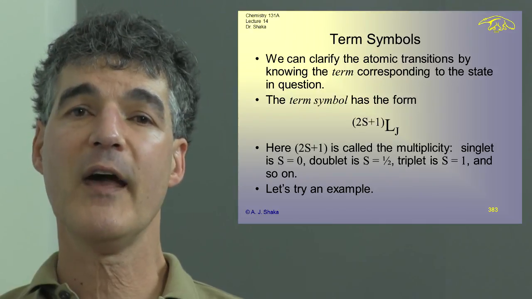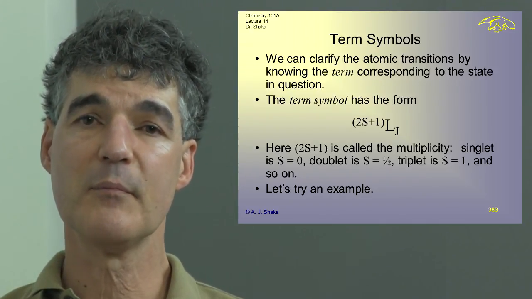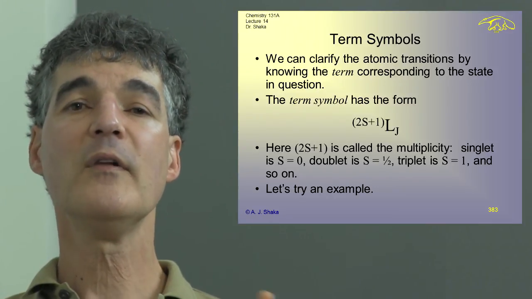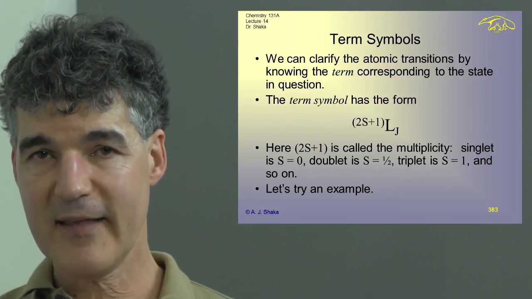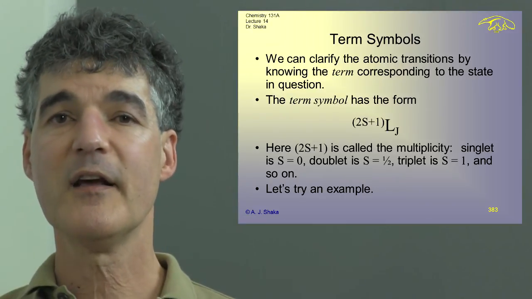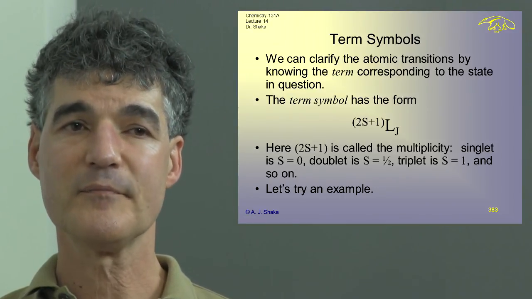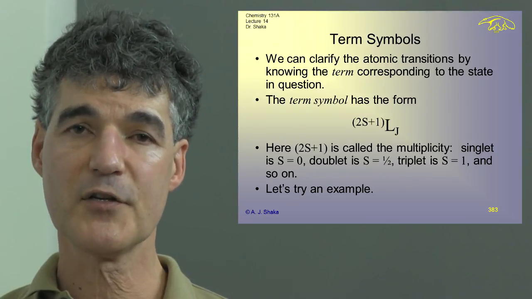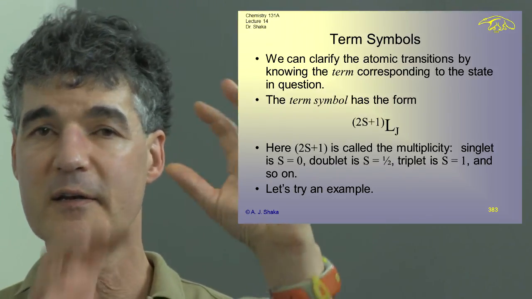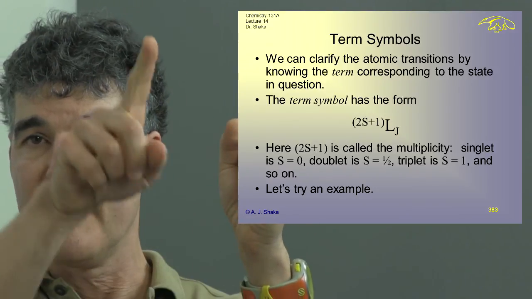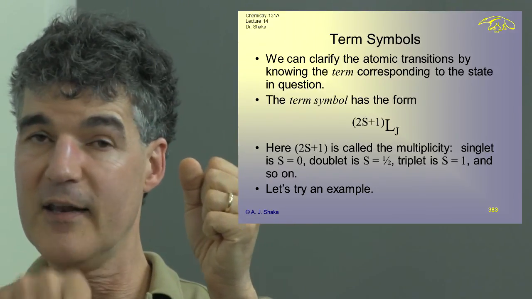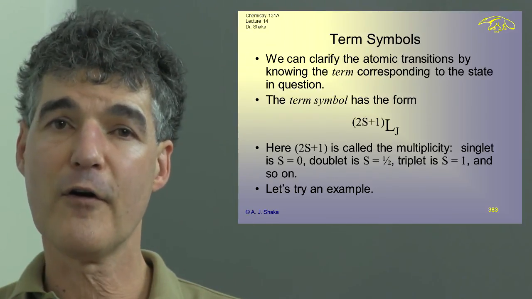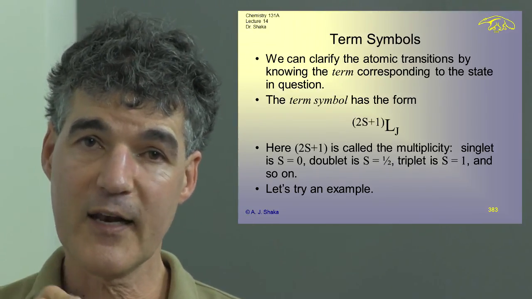And the way we do that is with something called a term symbol. The term symbol summarizes not only what state the atom is in, but tells you what L, S, and J are. And the term symbol has the structure 2S plus 1 on the left, big L, which is a letter like S, P, and so forth, just like for the electron itself, little s, little p.